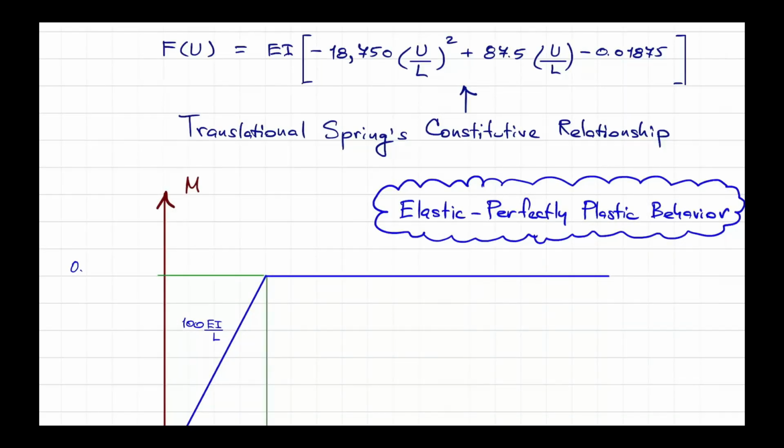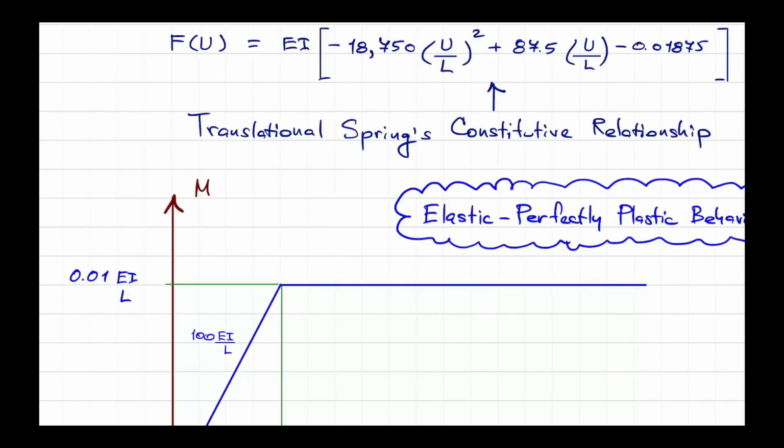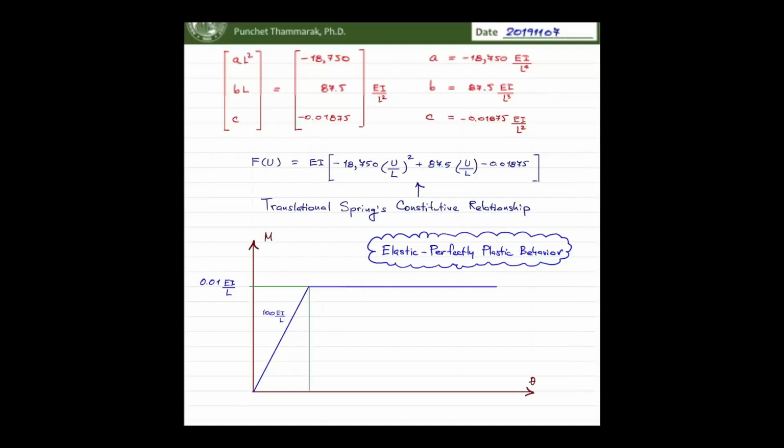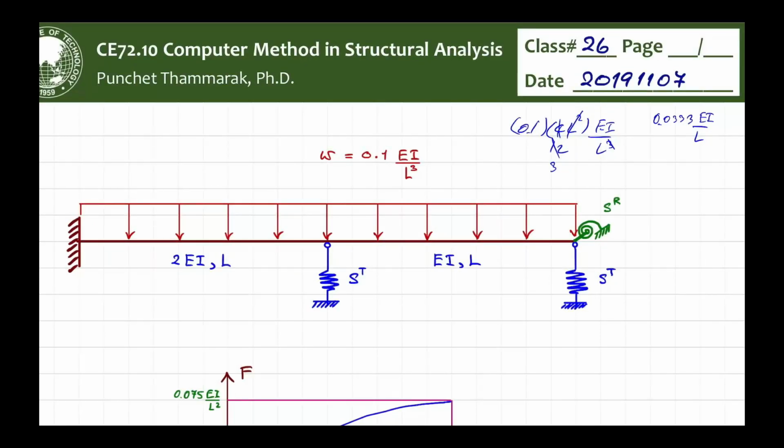So 0.01 EI over L. Huh? Just L? Yes, okay. Because the rotation is dimensionless, so slope and the moment are having the same EI over L. I'll clean this point up.